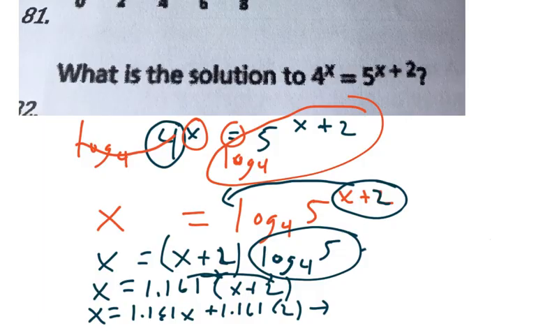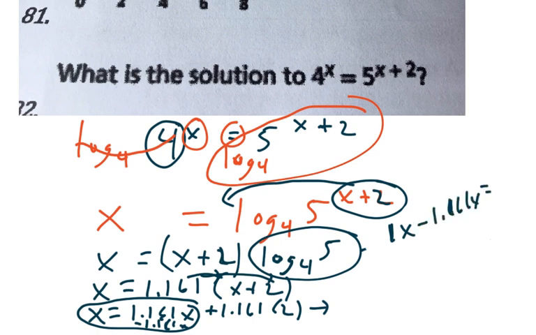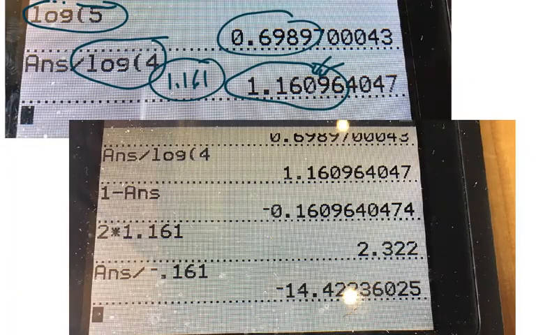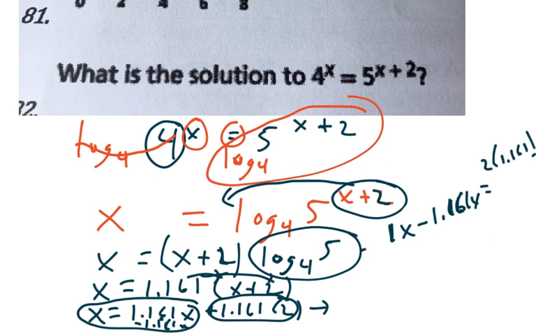So what we're going to have, of course, is I'm going to get my x's together. I'm going to minus 1.161x from each side. I know that's hard to see, but basically, if I have 1x and I minus 1.161x, that does equal 2 times 1.161. Now I'm going to do a lot of calculations with my calculator here. I know that 2 times 1.161 is 2.322.